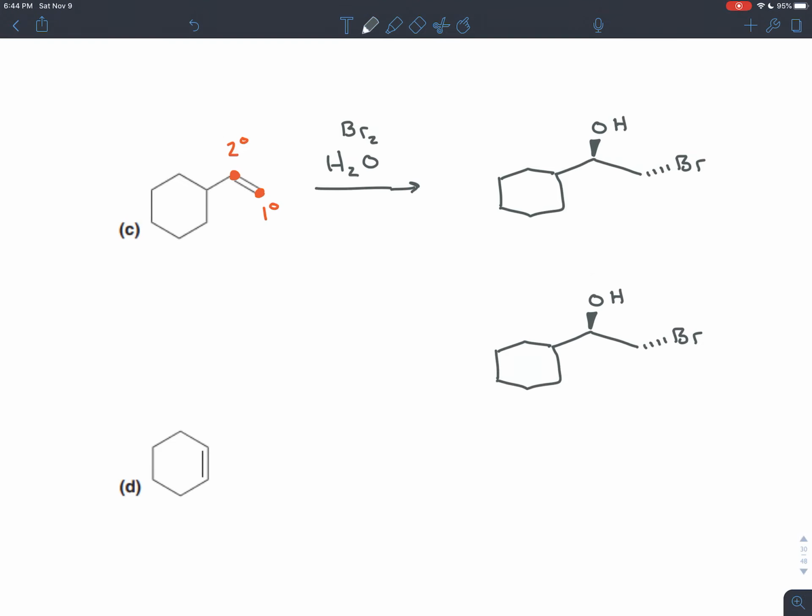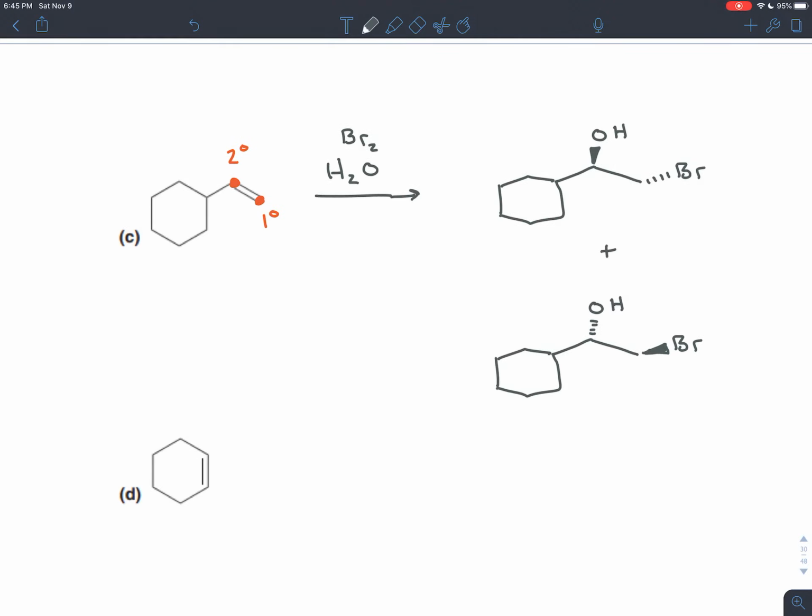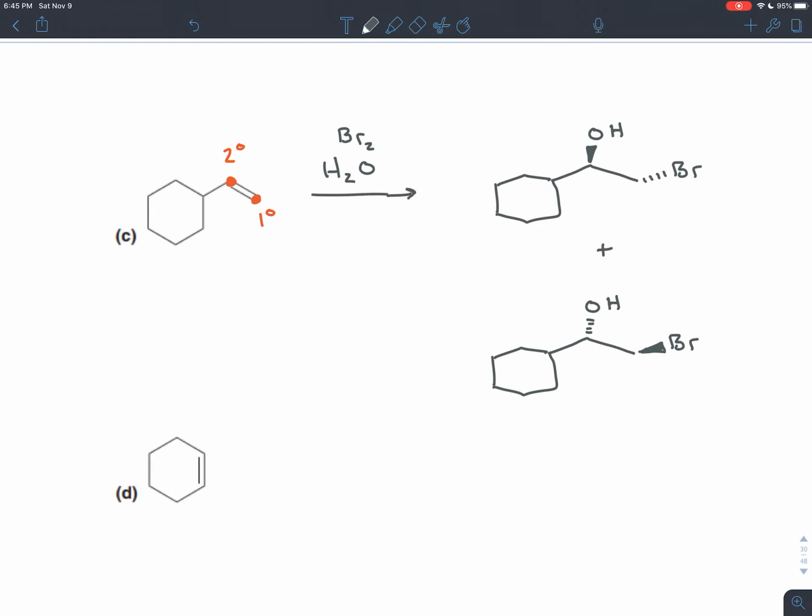The double bond is flat. The carbons in it are trigonal planar, and so these reagents can react with either side with equal probability. And so you won't just get the one enantiomer, you will also get the other, where the stereochemistry of each of the bonds switches. If it was pointing out at you, then it goes away. If it was going away, then it can point out at you. So you'd have a 50-50 racemic mixture of those two enantiomers if you did halohydrin formation, adding a halogen and water to this alkene.